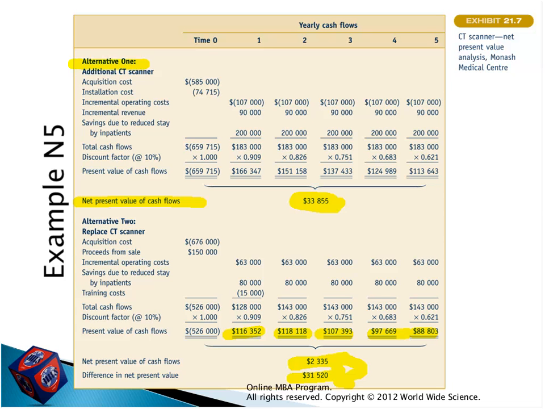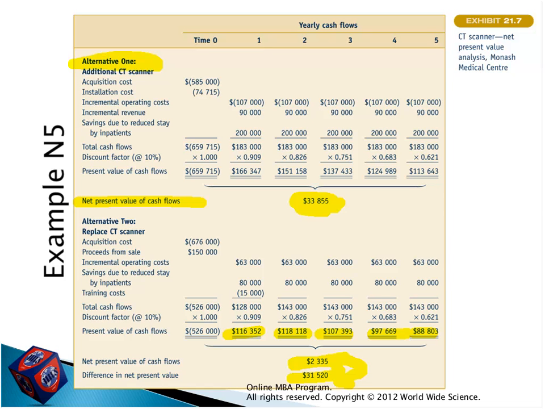So if you have two or more projects, and you must make a decision and choose one project only, then you have to select the project with the highest net present value. As here in example 5, the highest net present value comes in alternative 1, right? Where the present value of cash flow is equal to 33,855. It's more than 200 compared to the second alternative.